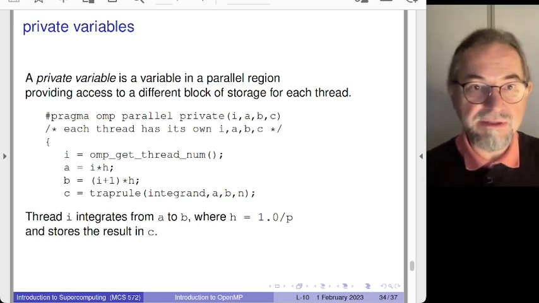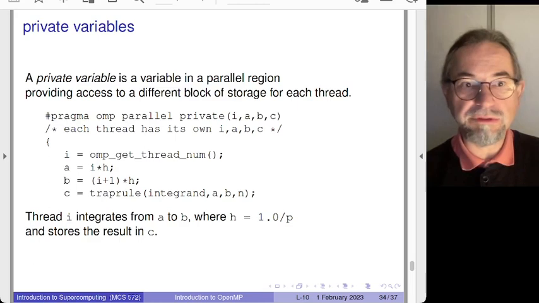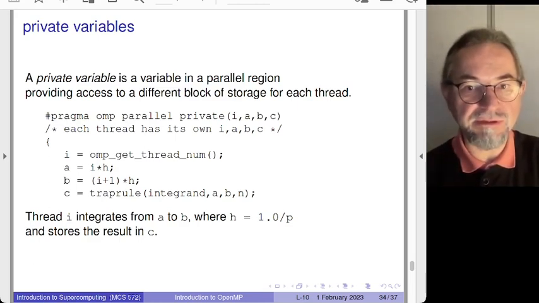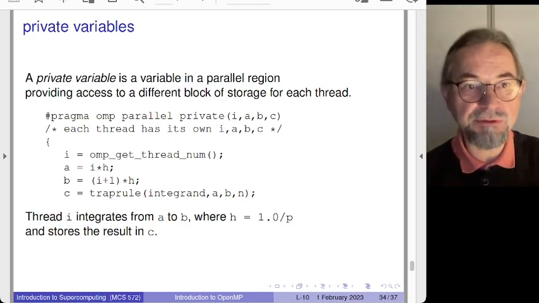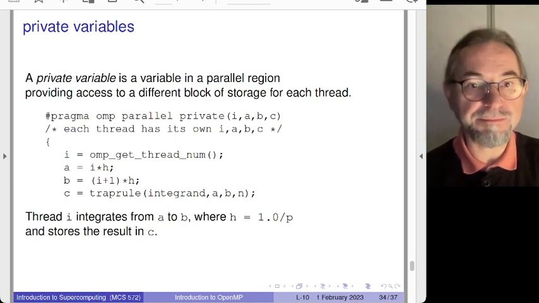The compiler is supposed to know how to do this, so the logic is still very nice. We have these four separate variables, and the types are declared in the C program. The a, b, and c are doubles, and the int is an integer, before the parallel region.